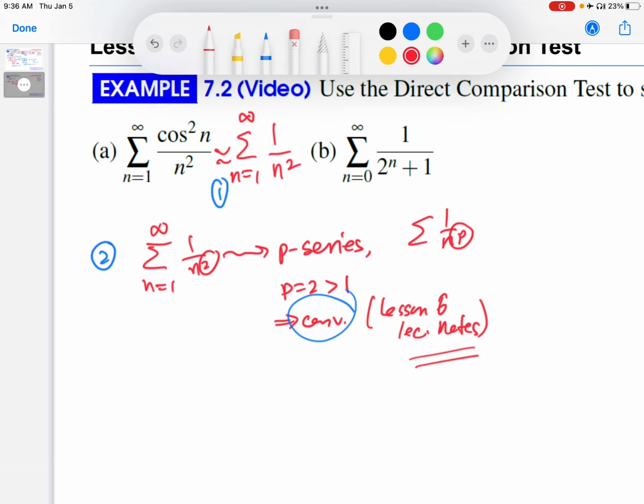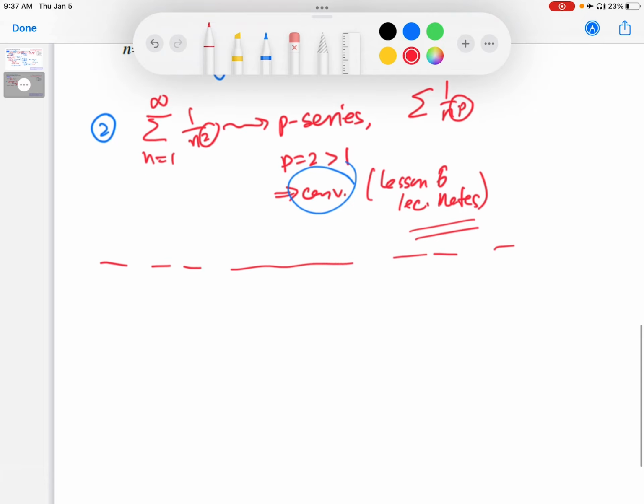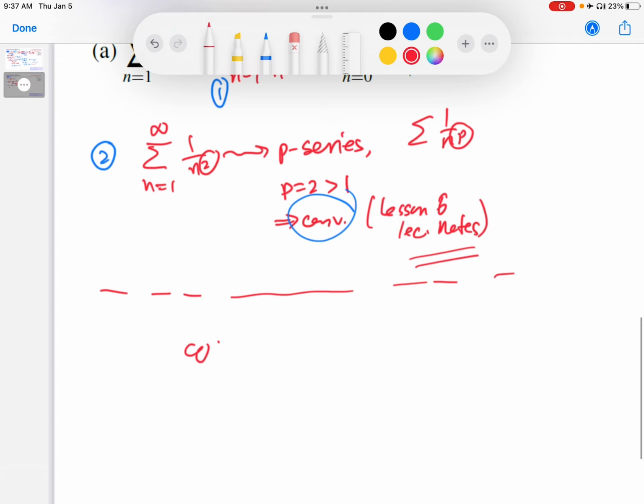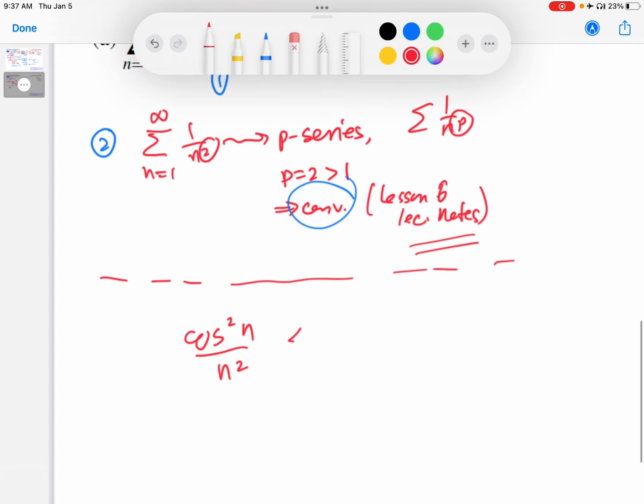And then let me just discuss intuitively now, this is not part of the solution, but intuitively what's going to happen. So if we can show that cosine squared of n over n squared is less than or equal to 1 over n squared, and we can show that these terms are all positive, or at least bigger than or equal to 0, then what's going to happen?